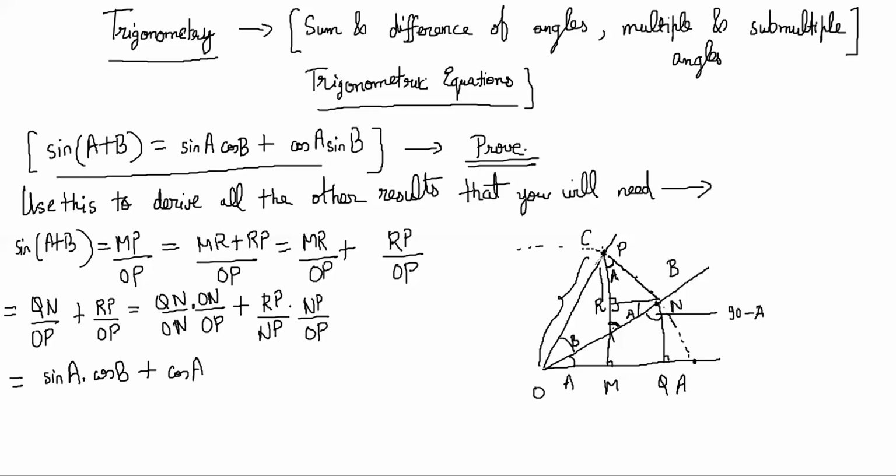NP by OP is perpendicular by hypotenuse for this B angle, because this is 90. Makes sense for angle B, right? So that becomes sine B, right? So what you're getting is sine of A plus B is becoming equal to sine A cos B plus cos A sine B, right?